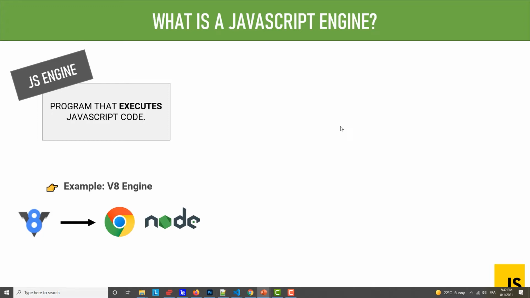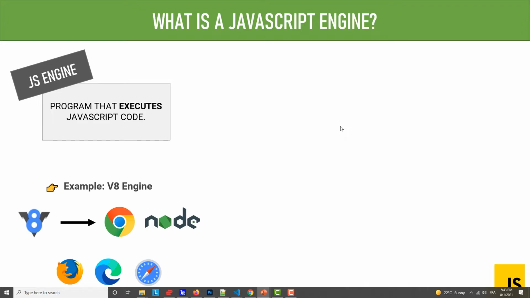The V8 engine powers Google Chrome, but also Node.js, which is that JavaScript runtime that we talked about in the beginning of the course, so the one that we can use to build server-side applications with JavaScript, so outside of any browser. And of course, all the other browsers have their own JavaScript engine, which you can look up online if you are interested.